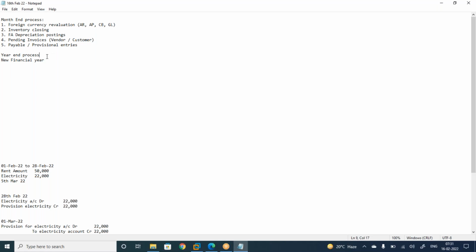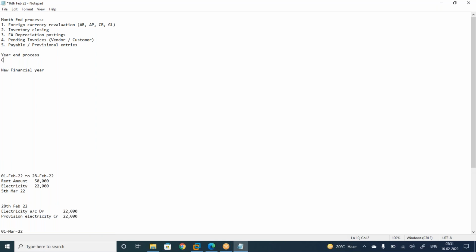So the current financial year is 1st April 21 to 31st March 22. And can anyone help me, what is the new financial year? Next financial year? 1st April 2022 to 31st March 23.